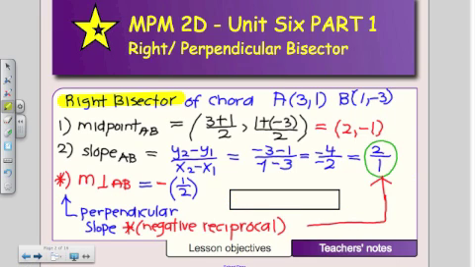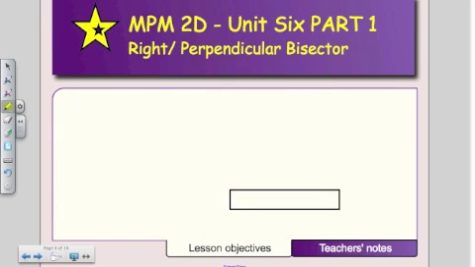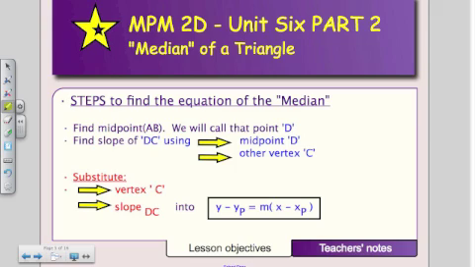Now there are other concepts that we're going to cover in this unit guide, specifically finding the equation of the median. I'm going to give you a couple of minutes to copy this down, and I just want to explain using a diagram what the median is.